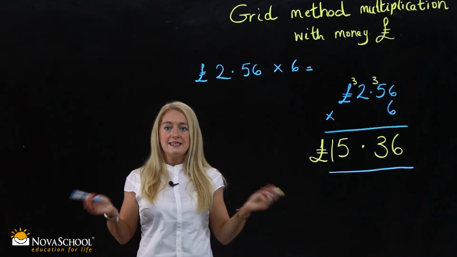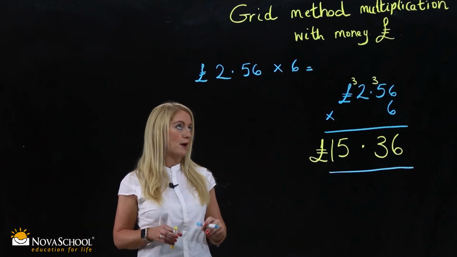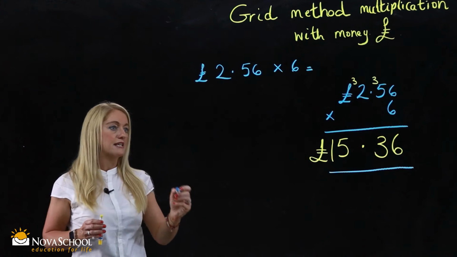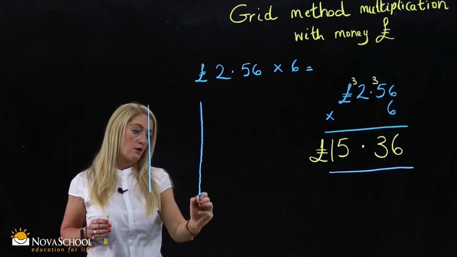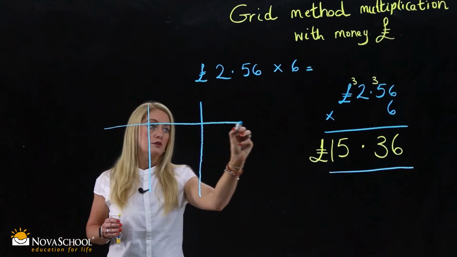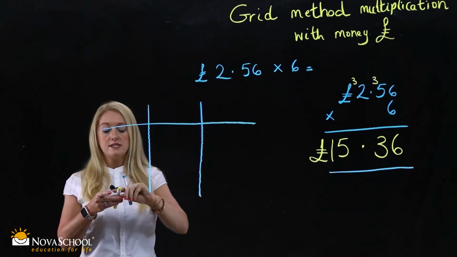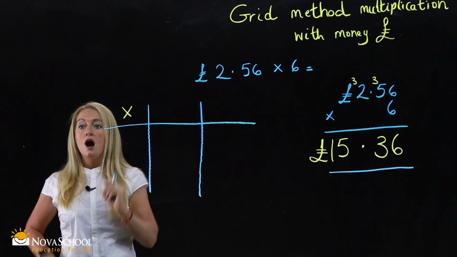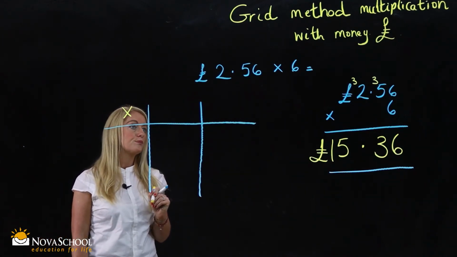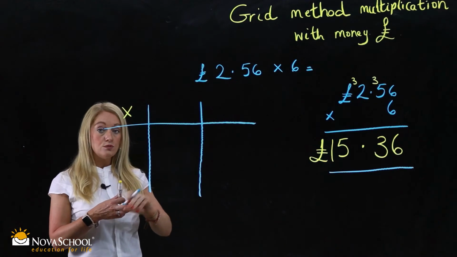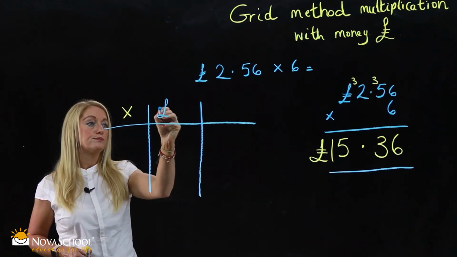Now, what's this other method that you've told me about, miss? Here we go. Let's set it out. Grid. 2 lines down, 1 line across. Okay, what are we going to pop in the top corner? Our multiplication sign, correct. Here we go. £2 goes in here.